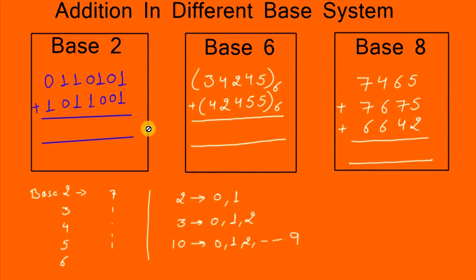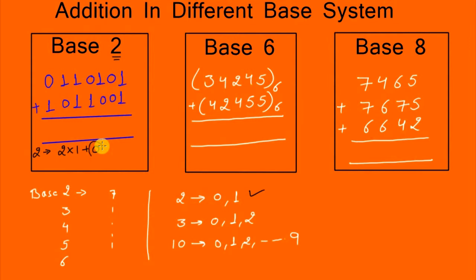These were the examples that we saw in the start. First, base 2 addition. 1 plus 1 is 2, but you cannot write 2 in base 2, because the only digits possible in base 2 are 0 and 1. So how can I write 2? 2 into 1 plus 0, which is equal to 2.